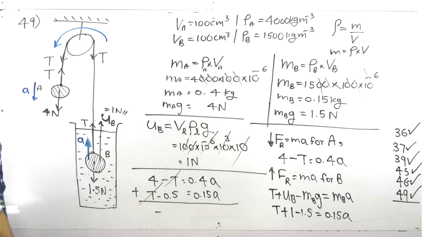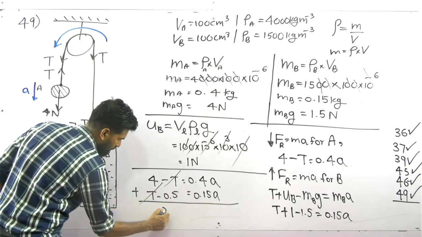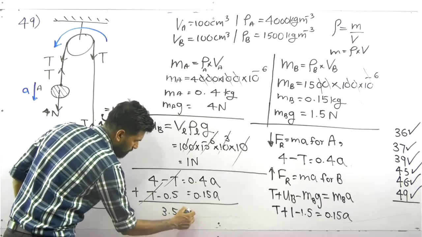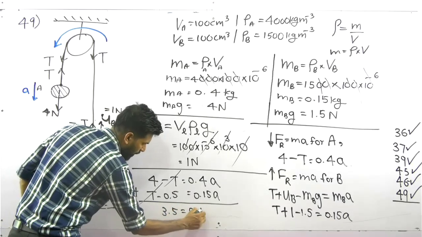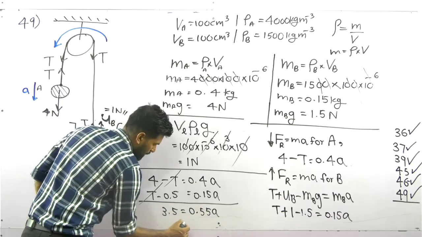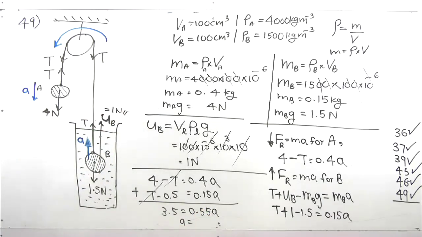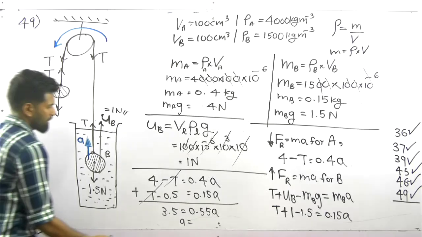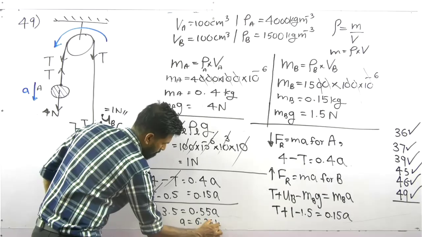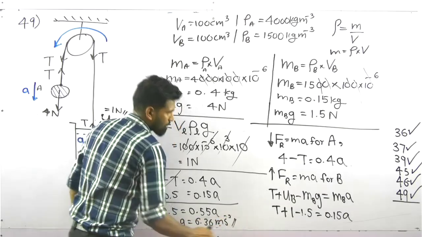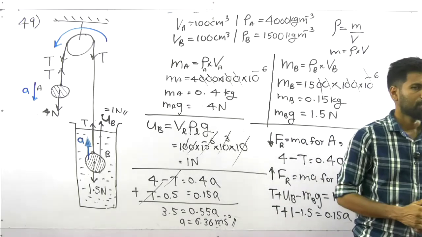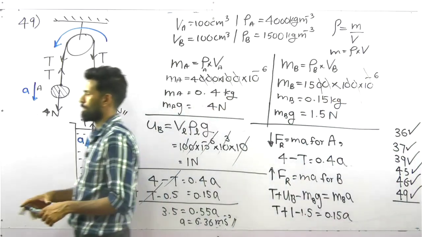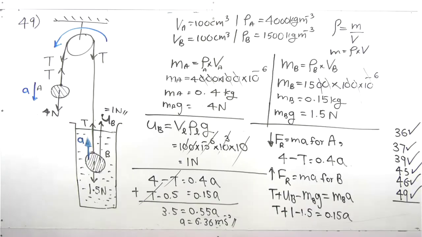So here, 4 minus 0.5, 3.5, is equal to 0.55 A. And A will have a value of 3.5 divided by 0.55, which is 6.36. Now the answer is correct. Meters per square second. Okay, now I got the answer.